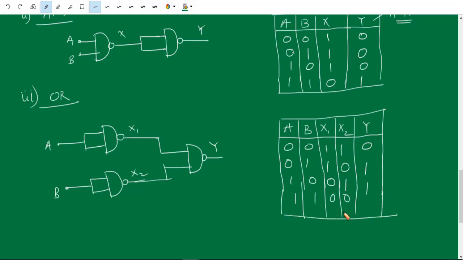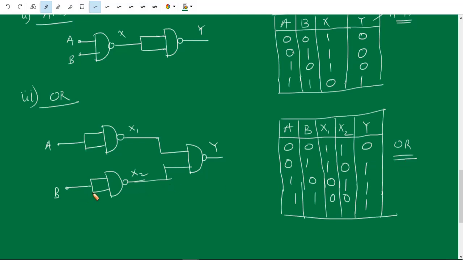Okay. If both are 0, then the NAND gate output will be 1. So this is equivalent to an OR gate. So we got an OR gate. See, if any one of the inputs is high, then the output is high. So this is how an OR gate works.